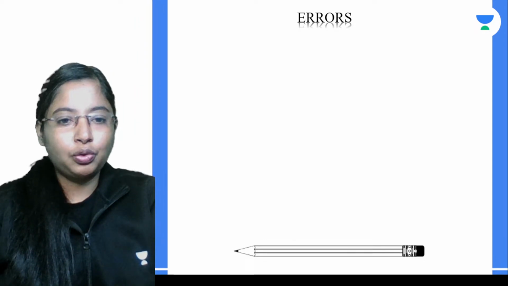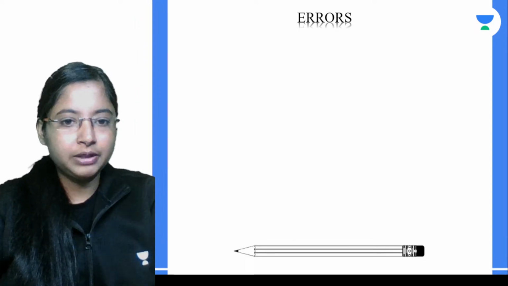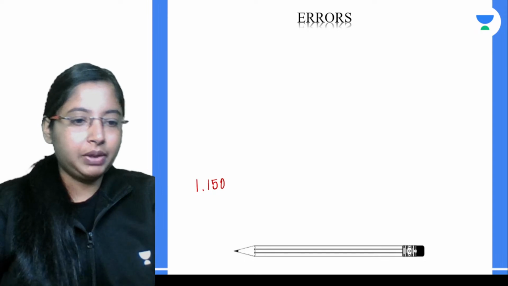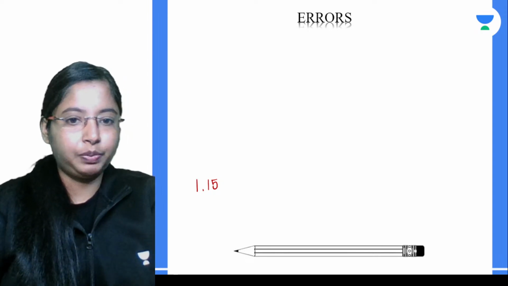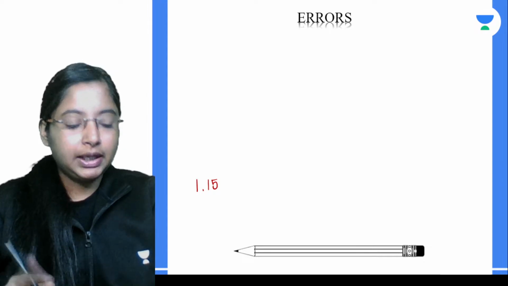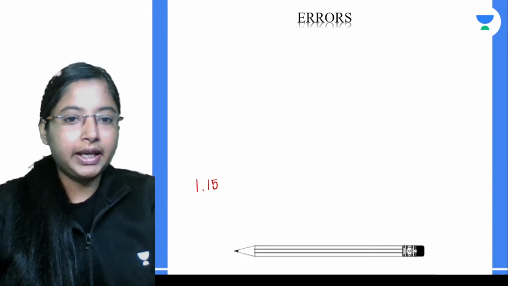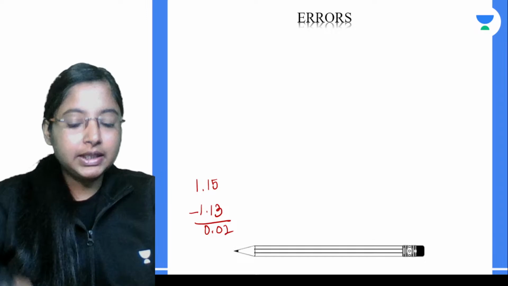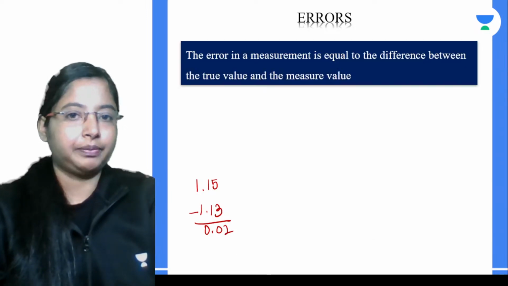I could use a screw gauge, and let's say the actual value is 150 centimeters, or millimeters. Or I can use a vernier caliper, reading up to two decimal places. Now, let's say I do the measurement and get a value of 1.13. What is the difference in this measurement? That is around 0.02, right? This basic value becomes your error.